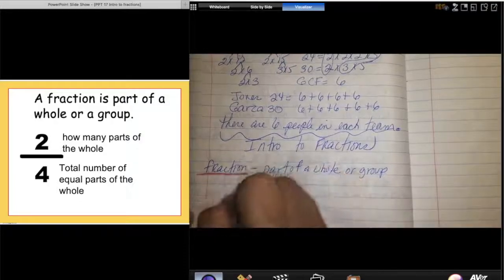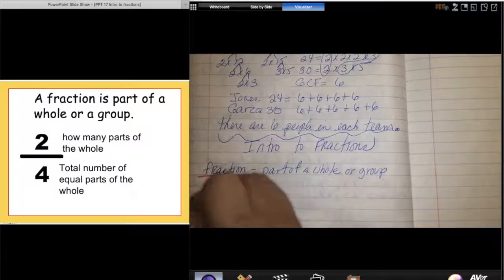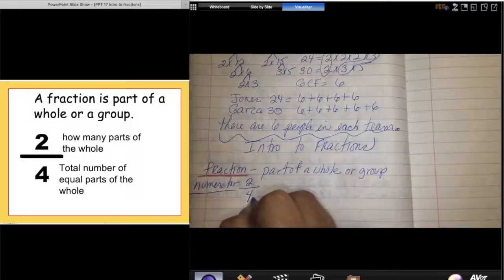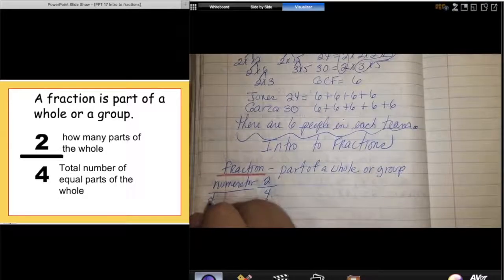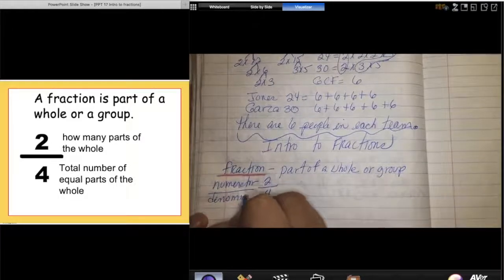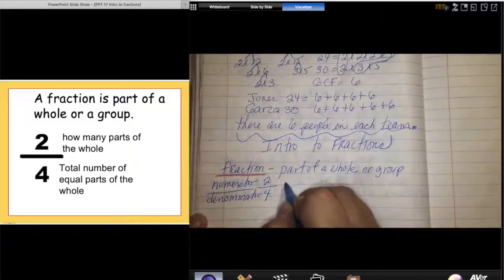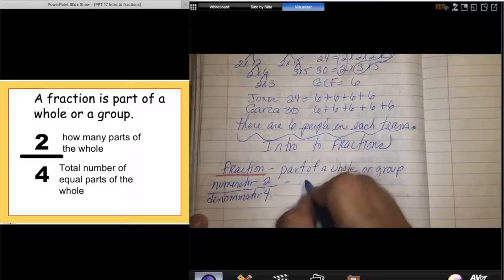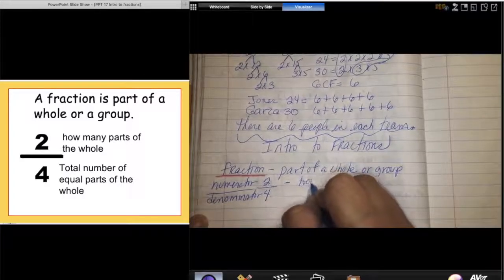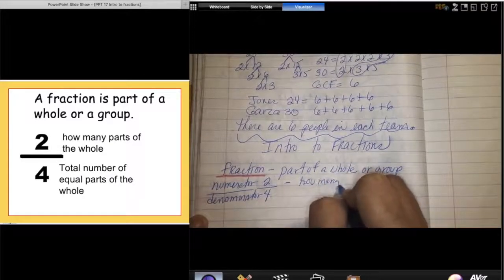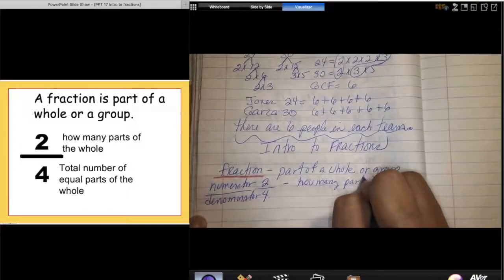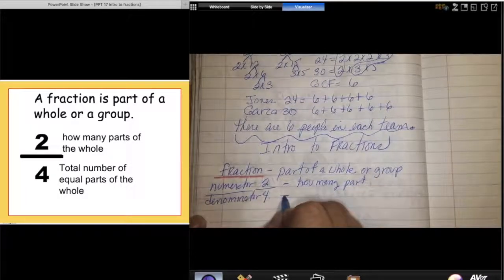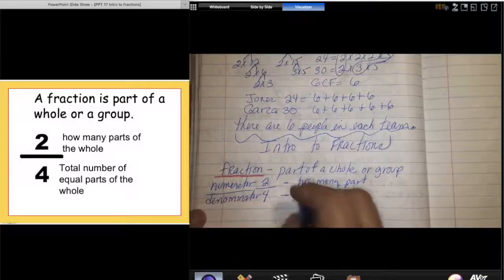The top number in our fraction is the numerator, and the bottom number of our fraction is our denominator. The numerator tells us how many parts. And the denominator tells us the total number of equal parts. Make sure you include the word equal parts.